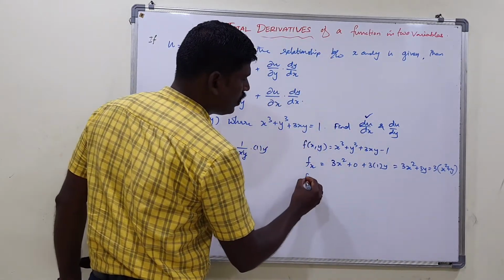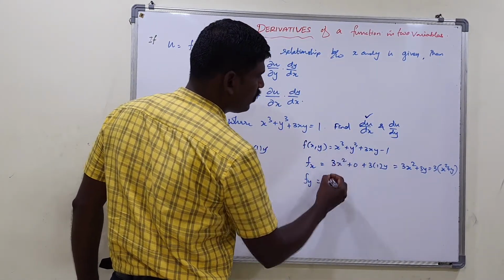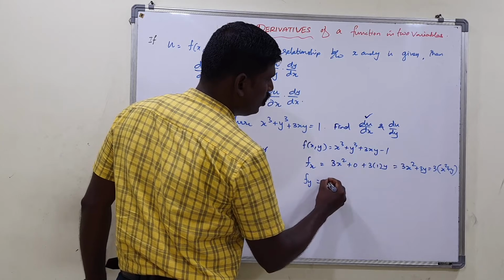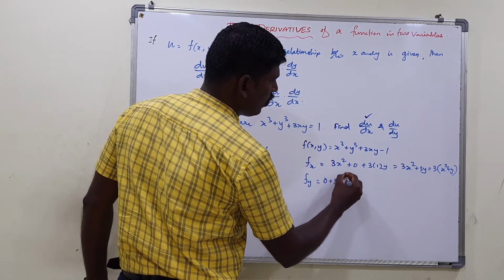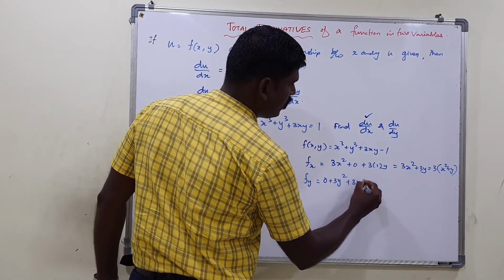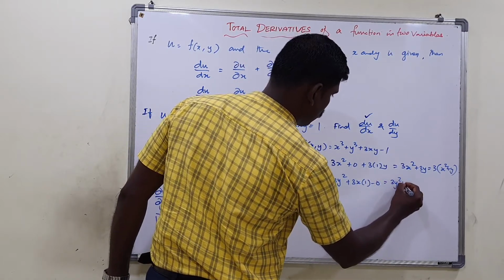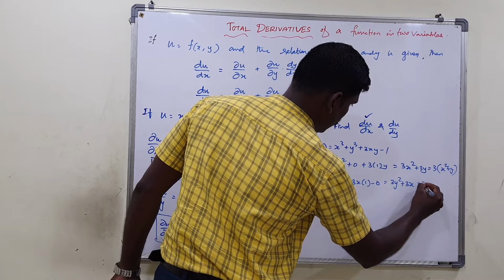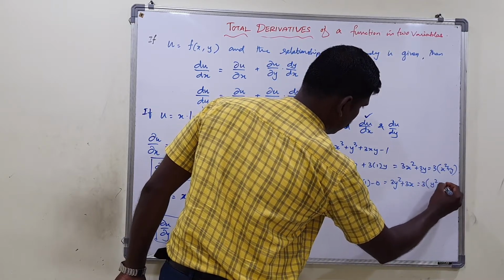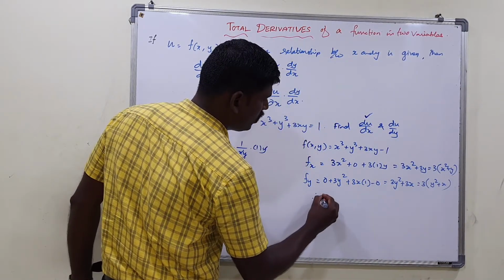What is fy? Differentiating with respect to y: 0 plus 3y square plus 3x into 1 minus 0. That can be written as 3y square plus 3x. Again we can take 3 common, so y square plus x. So what is dy by dx?